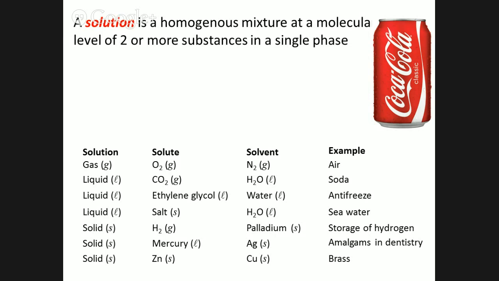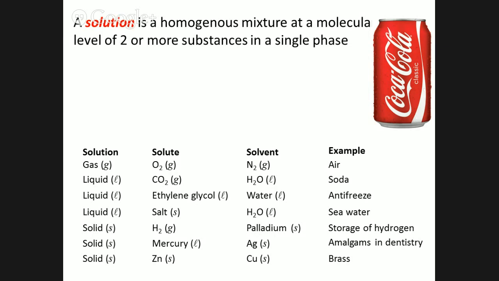Likewise, a mixture in the air of oxygen and nitrogen doesn't mean that they have formed some other compound. There's still oxygen gas and nitrogen gas in the air, but it's homogeneous, so it's the same throughout the entire air at the molecular level.